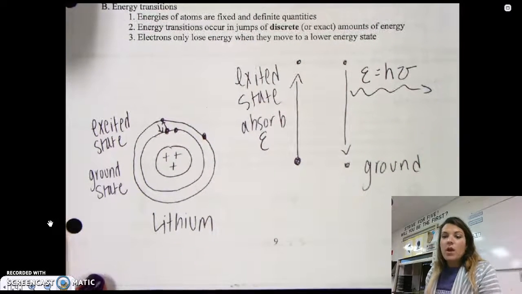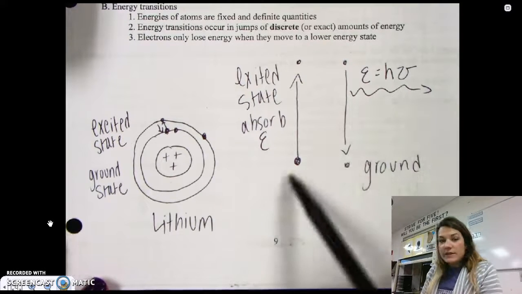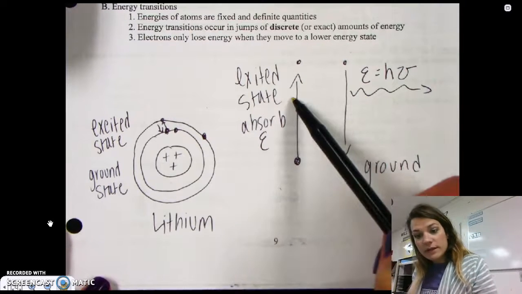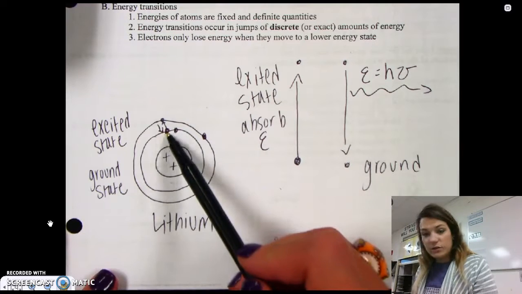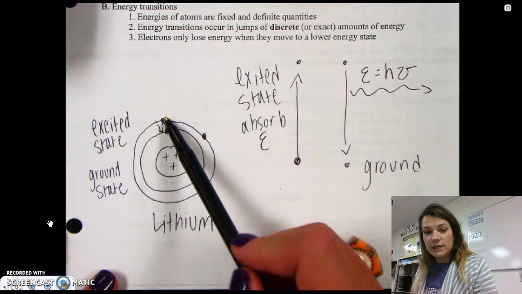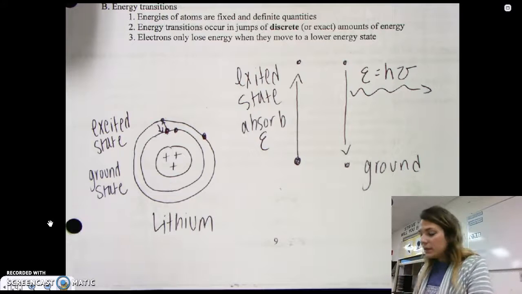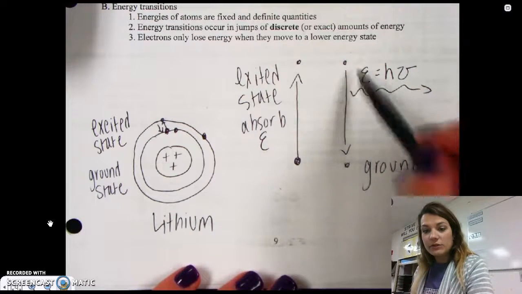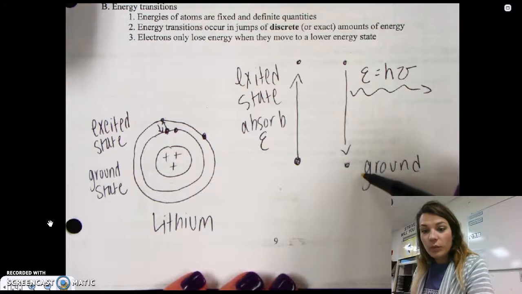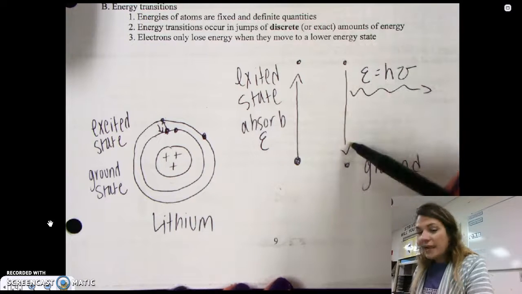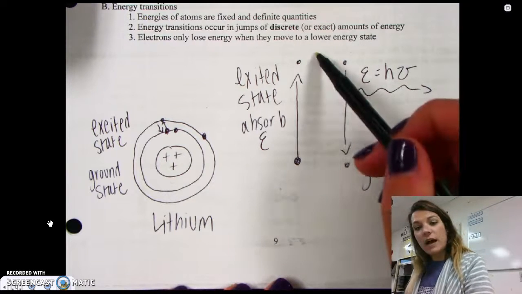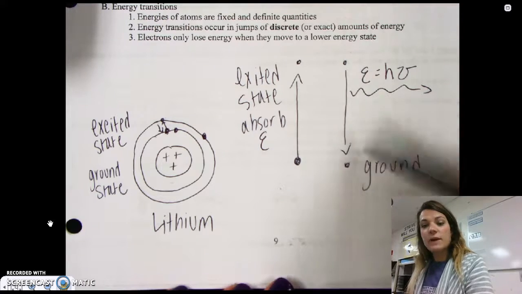So what's going to happen is when that electron absorbs the energy as it moves up from this low state to the high state, or the excited state, it's going to take in energy. But then the electron is going to move back down to its ground state, where it wants to be, right? And if it absorbed energy moving up, it must release it as it goes back down to ground.